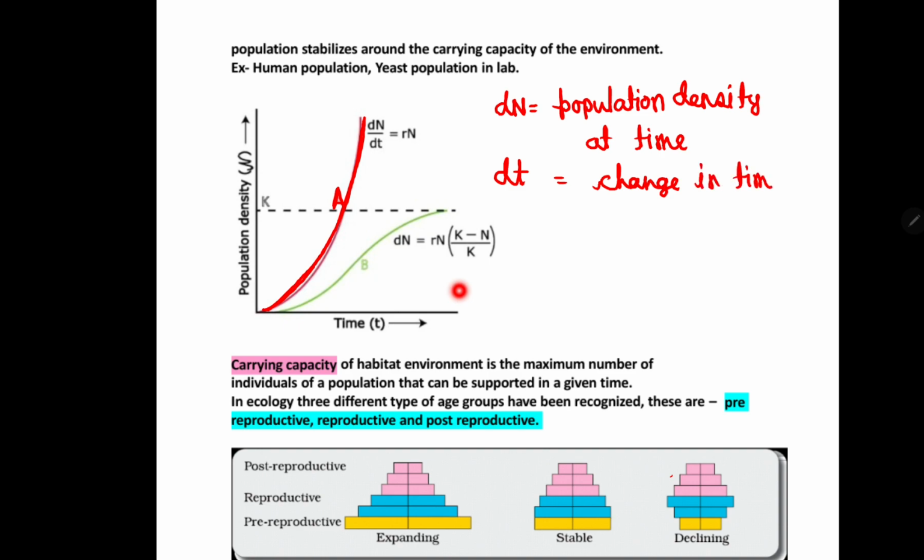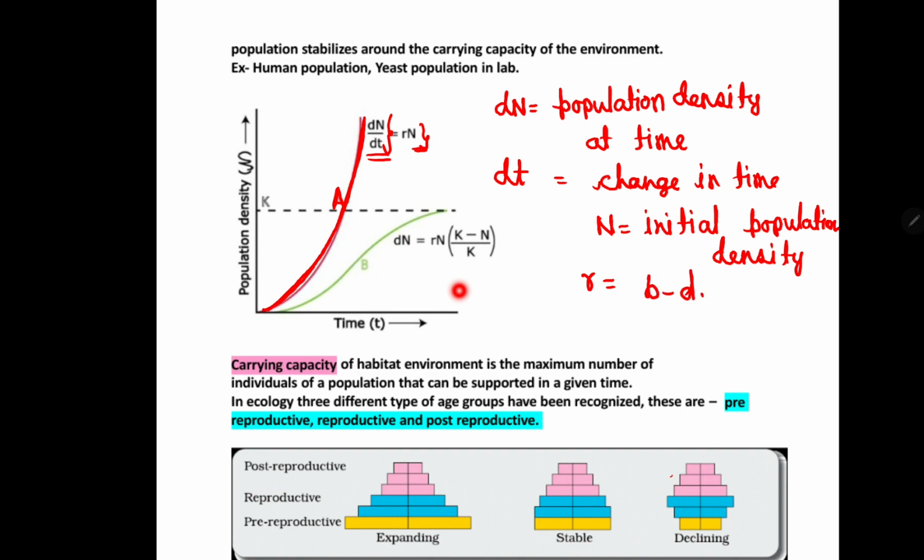So dN by dt, the change in population density with respect to time, is equal to rN. See, this N is the initial population density. Okay, fine. And r is birth minus death, the rate of natural increase.